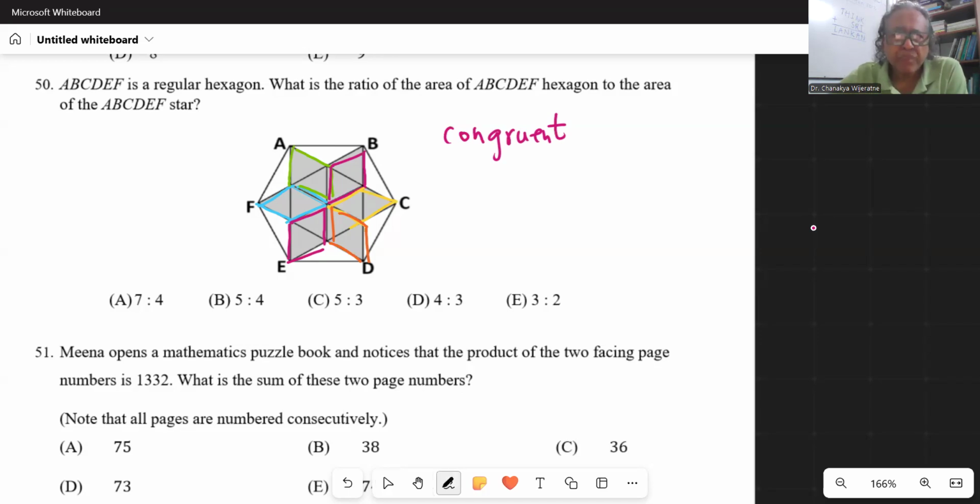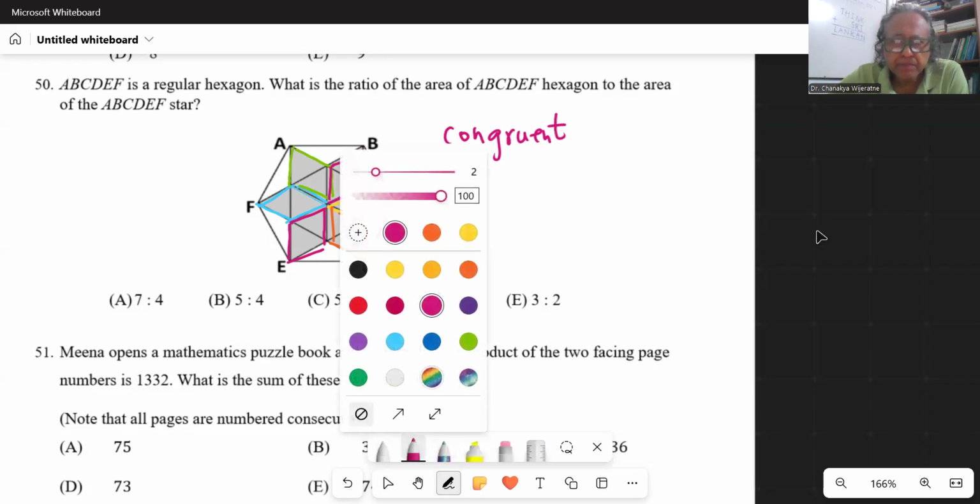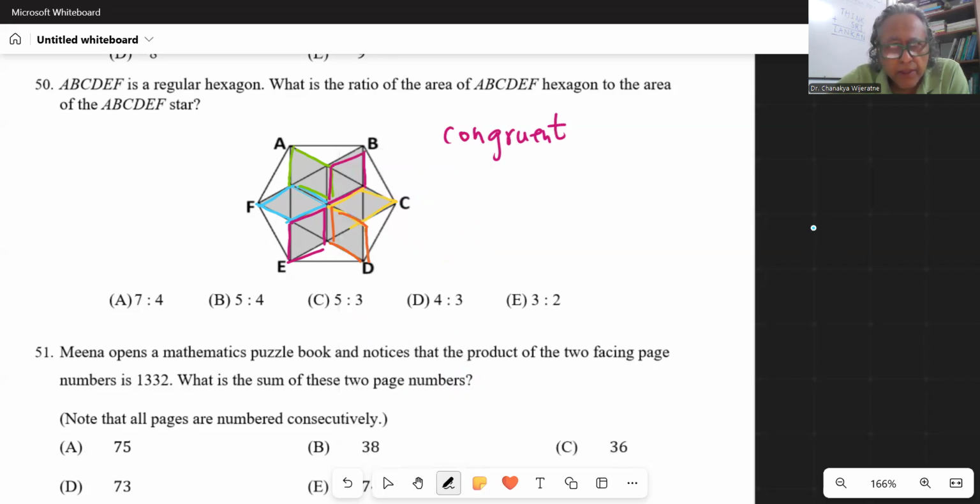Now if you look at these triangles, you can see each triangle is equilateral, so this is actually 60, and this is a regular hexagon.